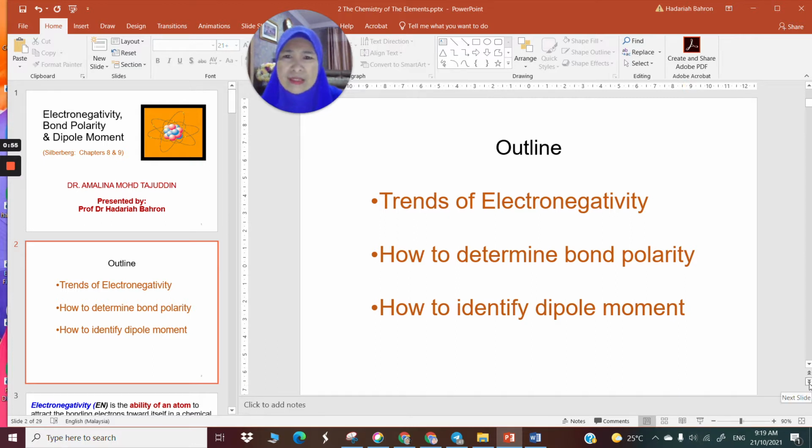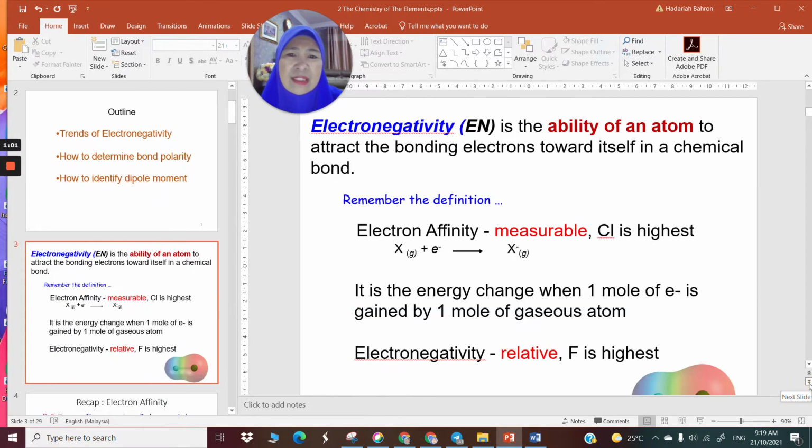I'm sure this is not the first time you're hearing about electronegativity, but it doesn't hurt to have some refresher session. So, as a definition, electronegativity or EN is the ability of an atom to attract the bonding electrons towards itself in a chemical bond.